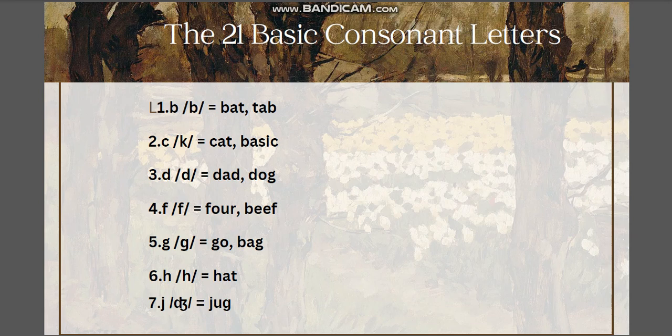So number one there is B. Letter B sounds B. Letter C sounds K. Letter D sounds D. Letter F sounds F. Letter G sounds G. Letter H sounds H. Letter J sounds J.